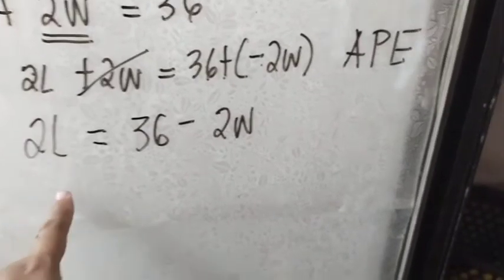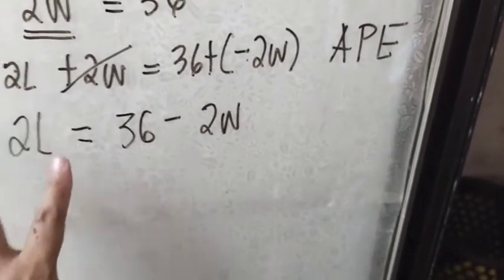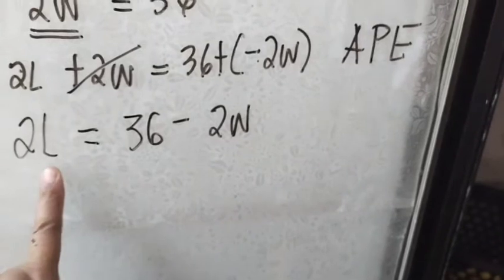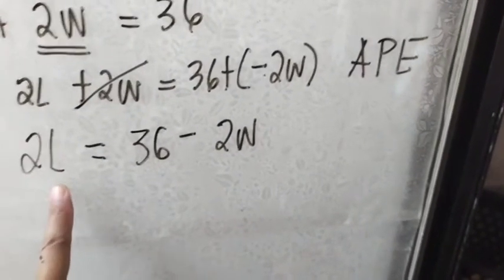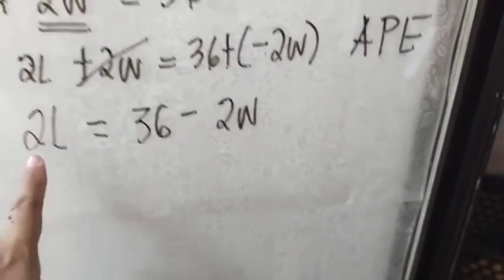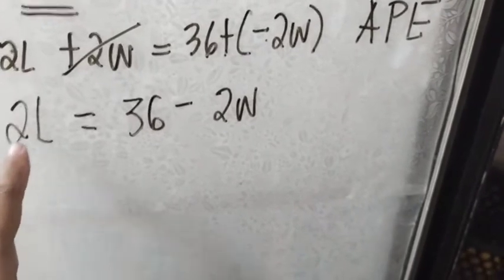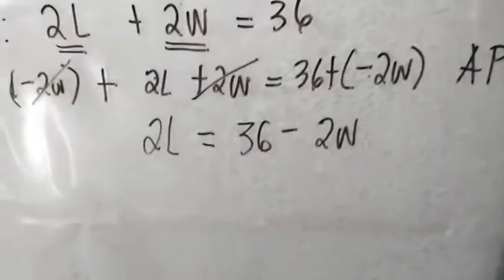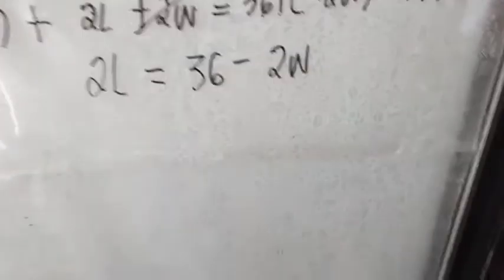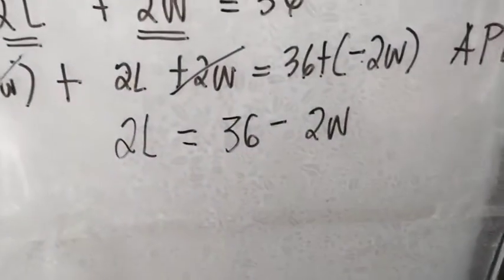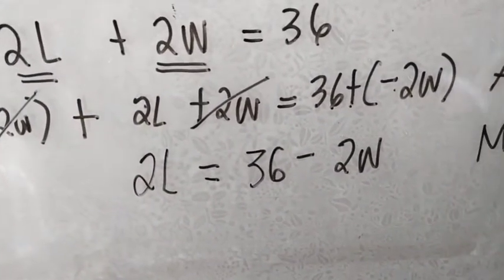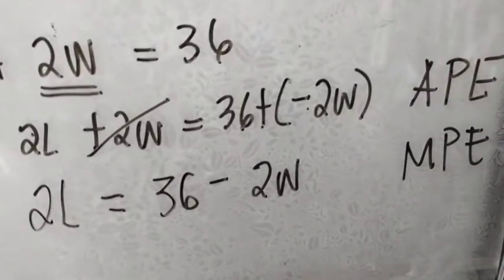Kasi kung 0 times L, it will become 0. So, dito kailangan ay maging L. Ano ang kailangan i-times natin kay L para L lang siya? So, 1. Kailangan itong 2 na to ay maging 1. So, magiging procedure natin dyan ngayon ay multiplication property of equality. How?